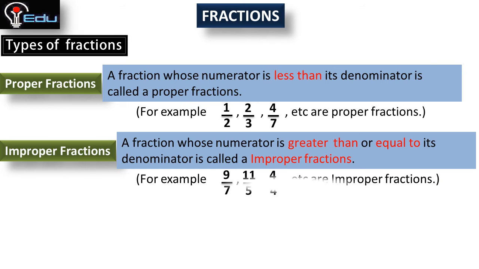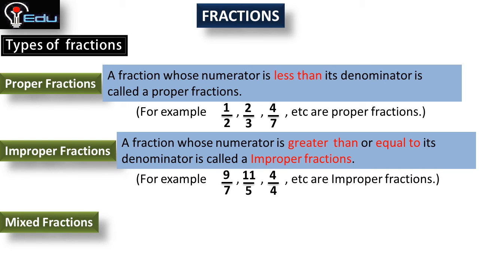For example, 9 by 7, in this the numerator 9 is greater than the denominator 7, and 11 by 5 is also an improper fraction, that is 11 is greater than 5. And 4 by 4 means greater than or equal to, 4 is equal to the denominator. That is why these fractions are called improper fractions.